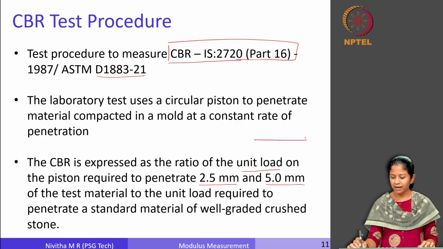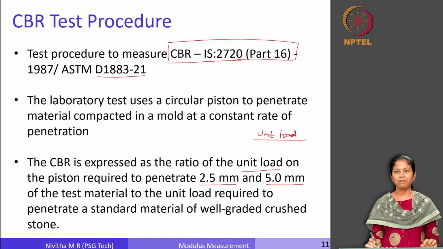It is basically a ratio, right. So it is a ratio of unit load required to penetrate a particular depth. We usually measure it for 2.5 and 5 mm. Let us just take 2.5 mm for discussion.